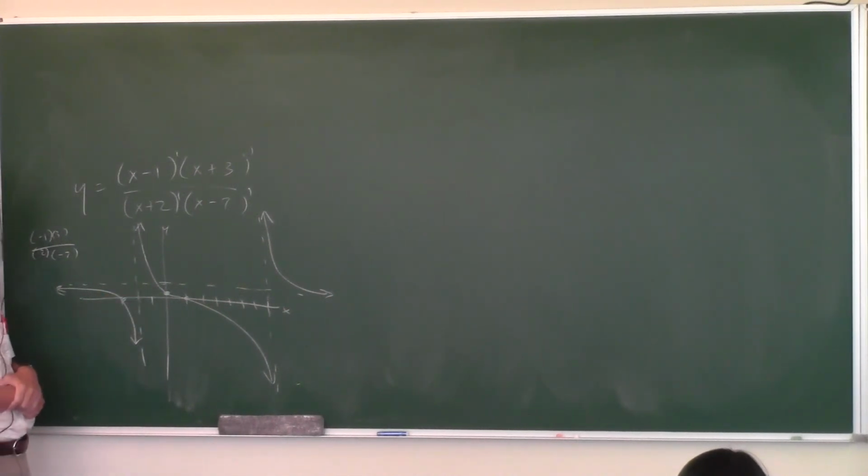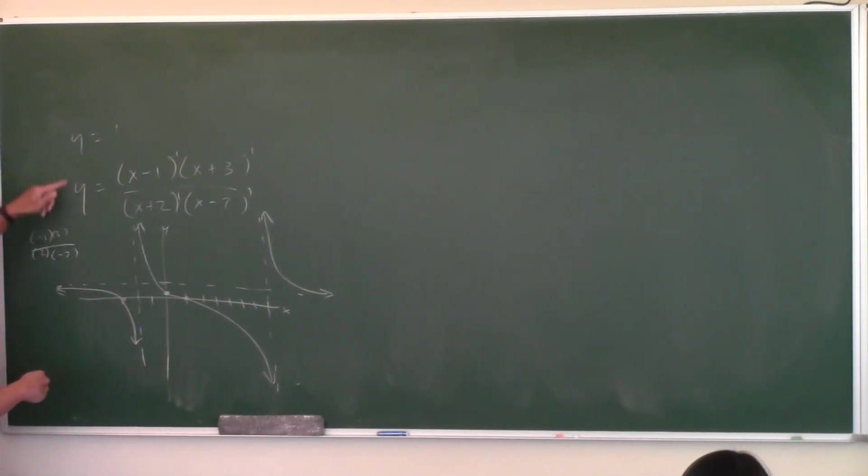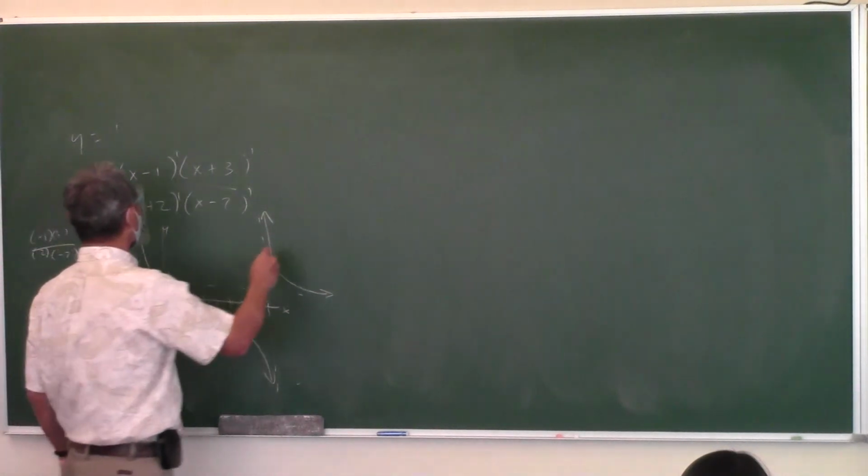Where does the graph cross the horizontal asymptote? Well, what's the equation of the horizontal asymptote? Y equals 1. So how do I figure out where these two graphs intersect? Plug in 1 for y. Substitution.